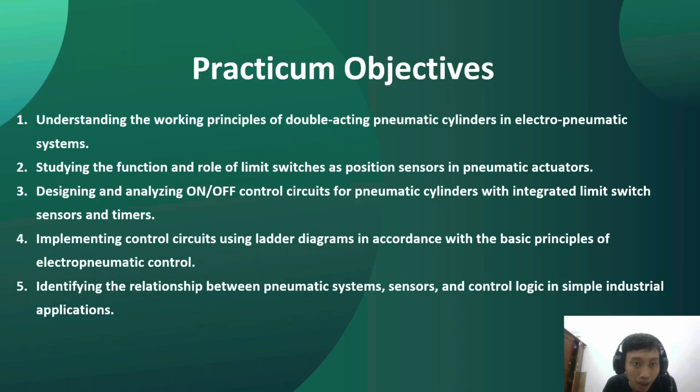Designing and analyzing on-off control circuit for pneumatic cylinder with integrated limit switch sensor and timers. 4. Implementing control circuits using ladder diagram in accordance with the basic principle of electropneumatic control. 5. Identifying the relationship between pneumatic system, sensor, and control logic in simple industrial application.